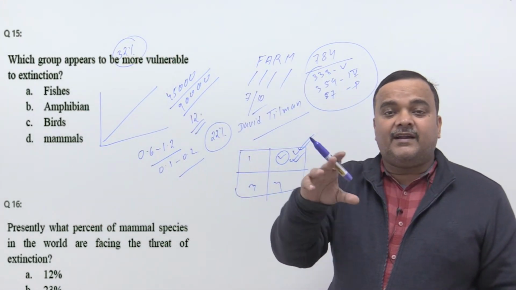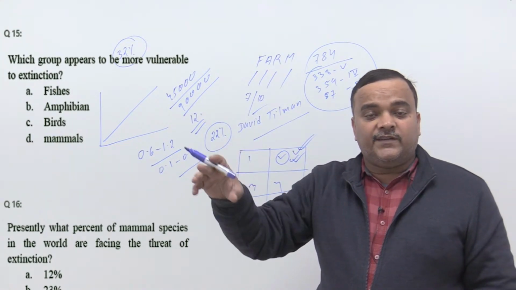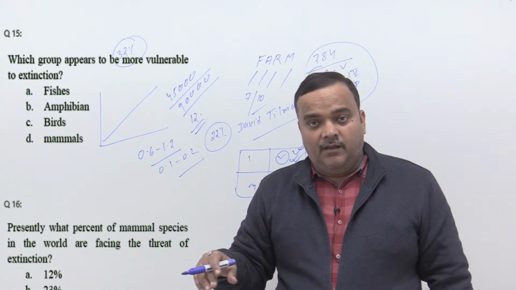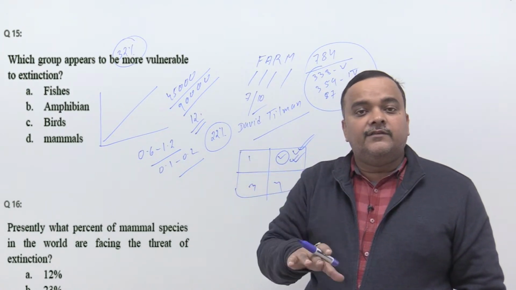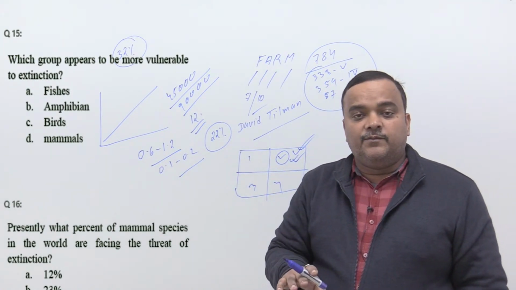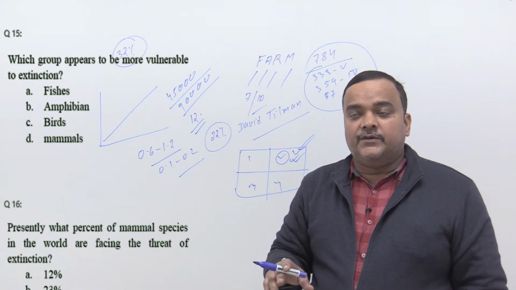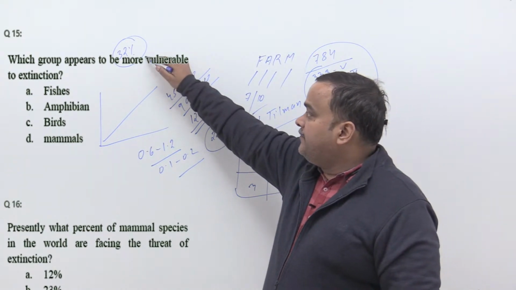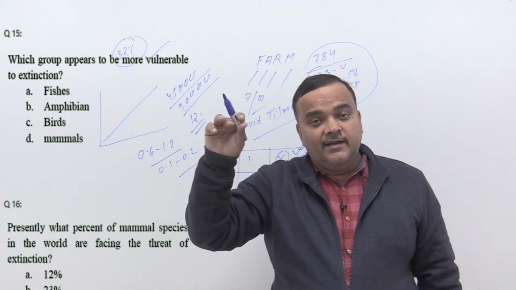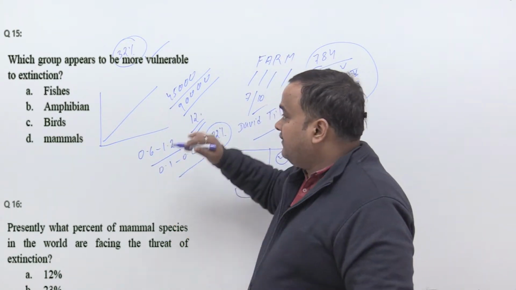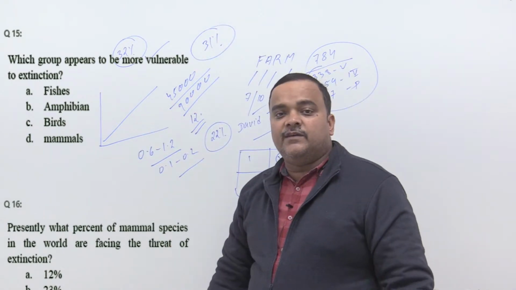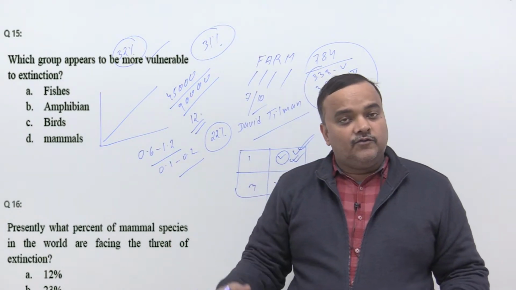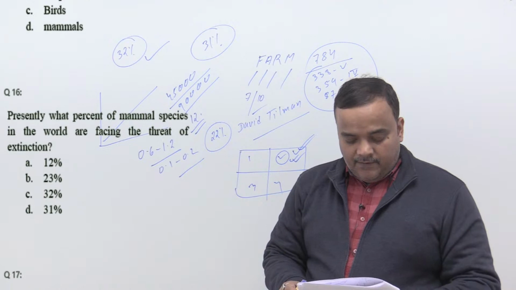Sorry, extinction is not a random process, my fault. Some groups are more susceptible than others. For example, among animals it is amphibians, with 32% facing threat of extinction, whereas among plants it is gymnosperms, with 31% of species facing threat of extinction, 12% of birds and 23% of mammals.